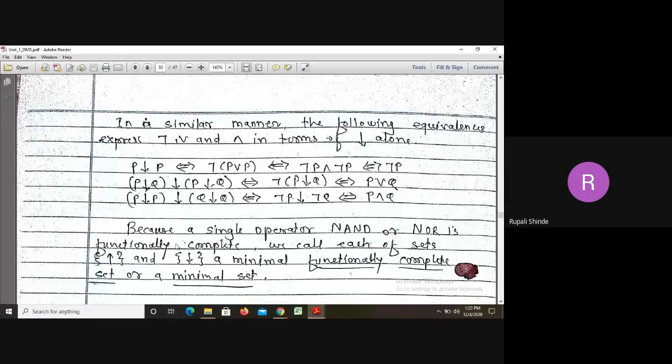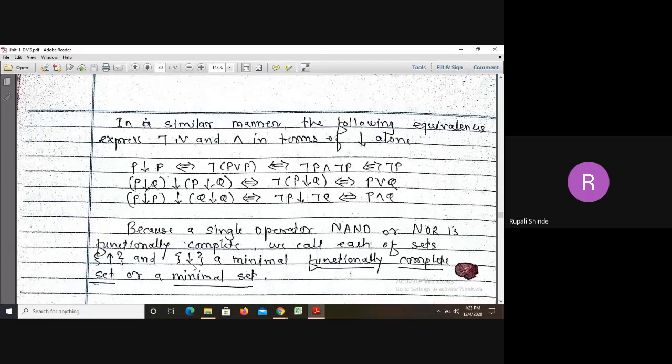We have seen already what is a functionally complete set, and we have defined two sets: one set containing negation and AND, and the second set containing negation and OR. Those are already functionally complete sets of connectives. But if you consider these two sets, the set NAND and the set NOR, these are also functionally complete sets of connectives, but these contain just a single symbol. The first set contains NAND only, the second set contains NOR only.